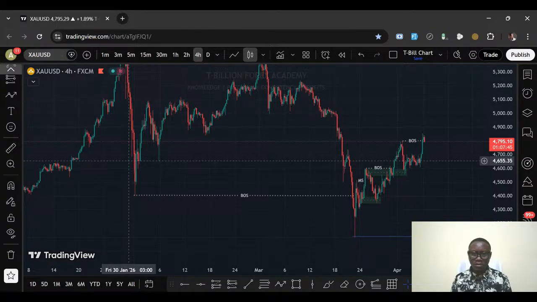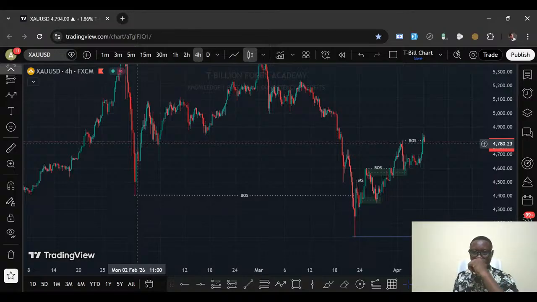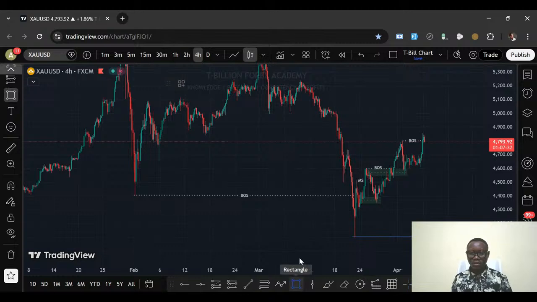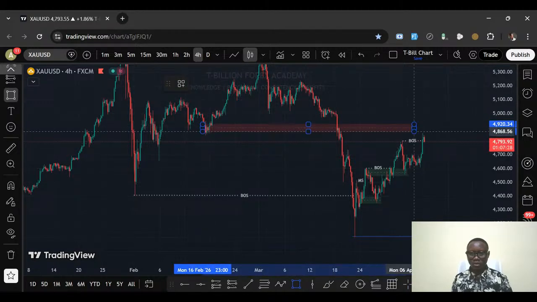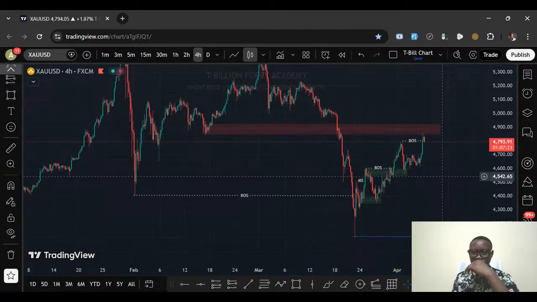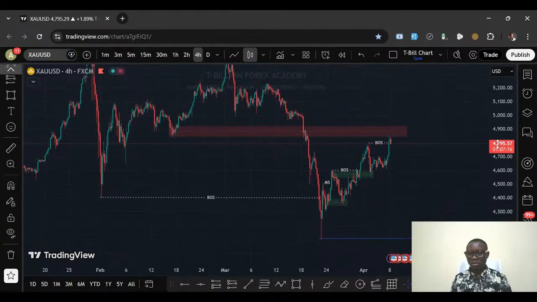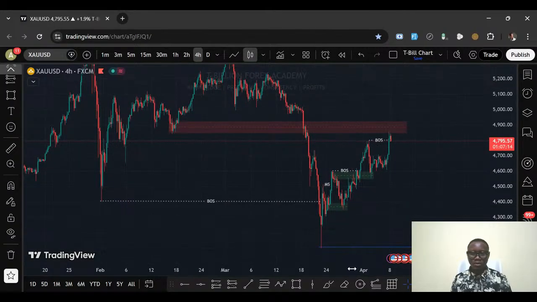And price is currently reacting at this, right here. Okay, so I may potentially take a very short sell right here.